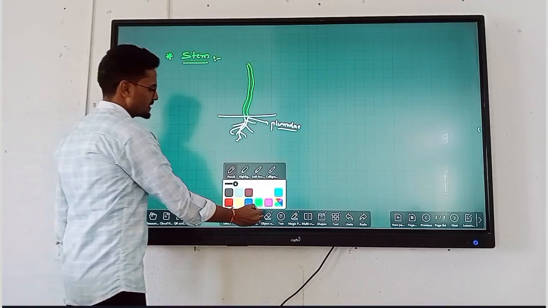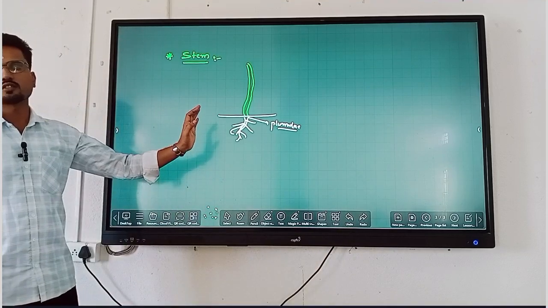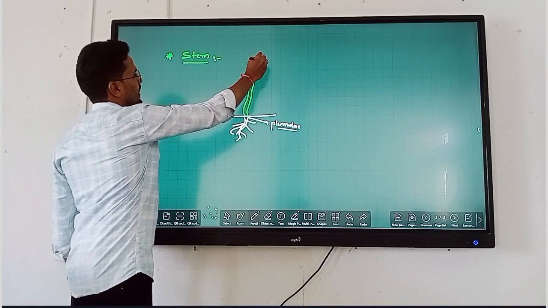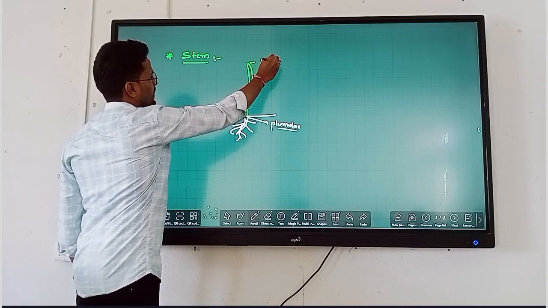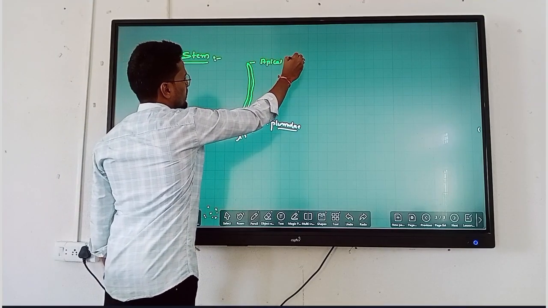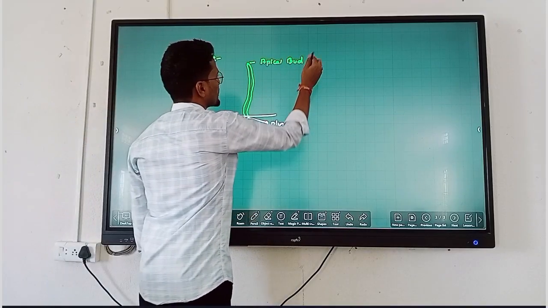The stem possesses at the apical region an apical bud. These apical buds are made up of meristematic cells.